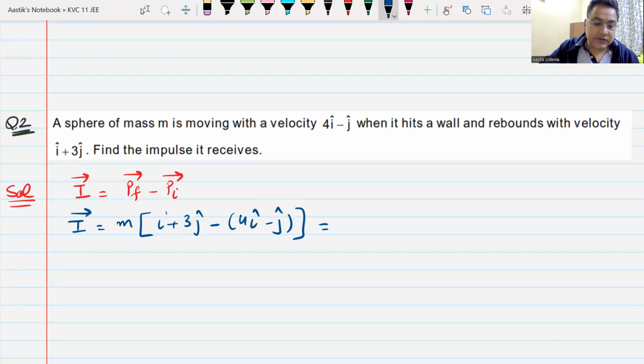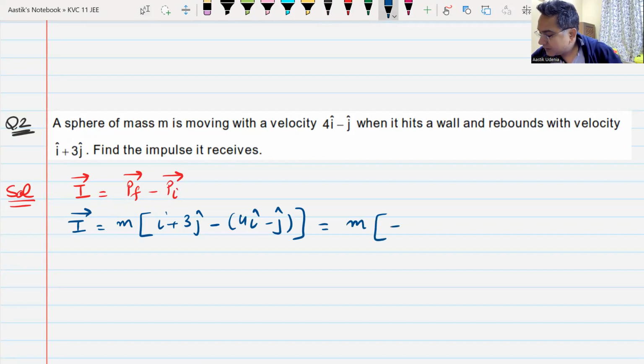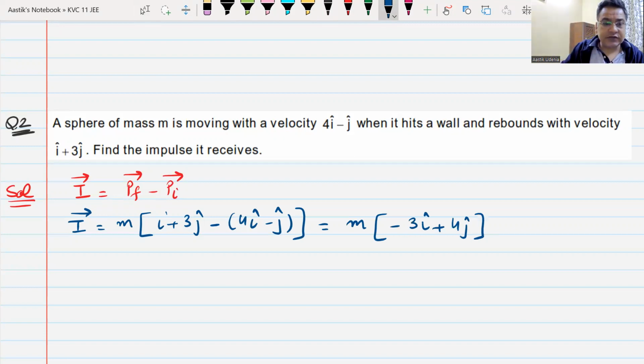Whatever you get from here, that is your answer, and I think what you are getting is m into (minus 3I plus 4j). So that is the answer that we were looking at. Impulse is nothing but change in momentum.